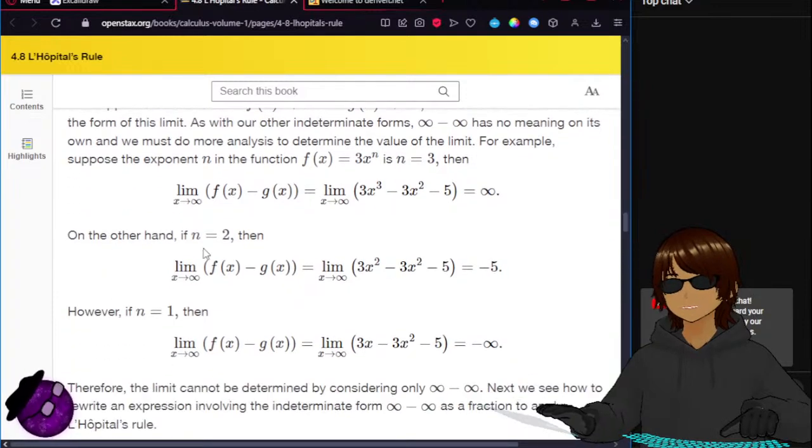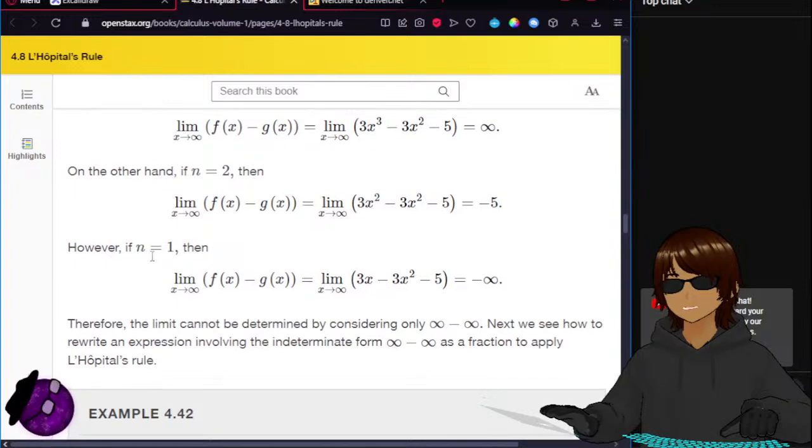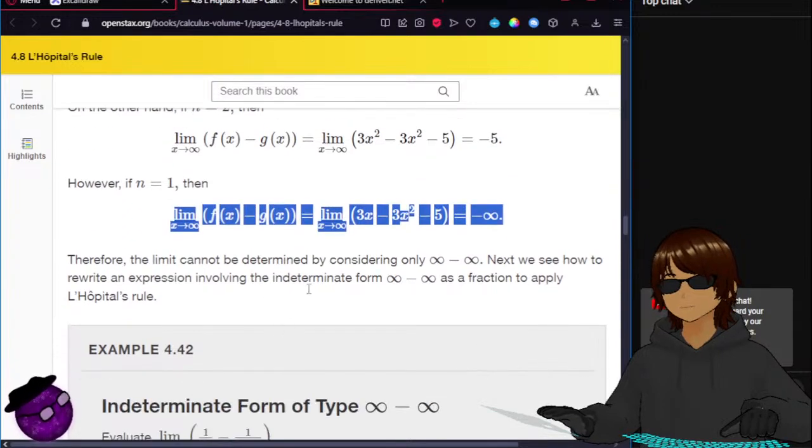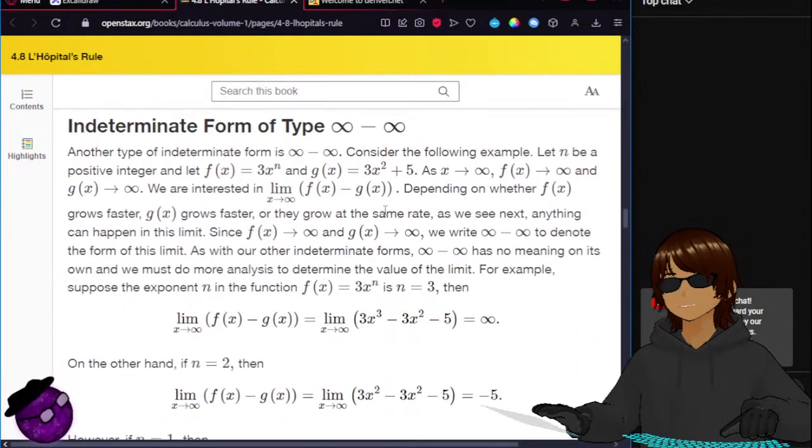On the other hand, if n is 2, then the limit is minus 5 because these two cancel out. If it's 1, then it's negative infinity because this grows faster. So we can only evaluate it by seeing which one grows faster, right?